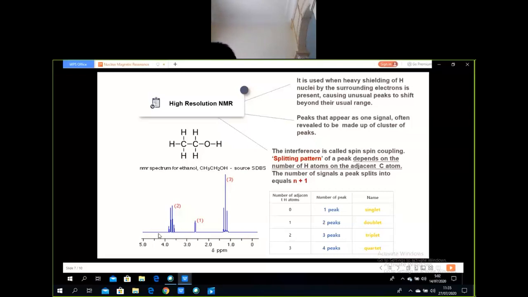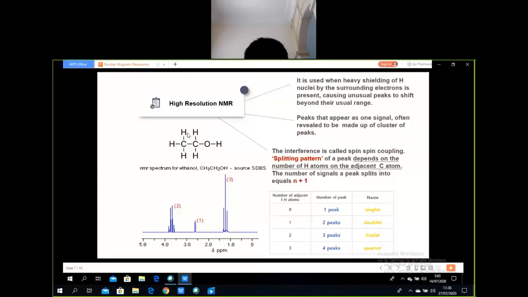This one is splitting into 3. This one corresponds to this chemical shift. Why is it splitting into 3? Because the adjacent carbon atom of the CH3 contains 2 hydrogen. We know the splitting pattern of a peak depends on the number of hydrogen atoms on the adjacent carbon atom. The adjacent of CH3 is CH2.